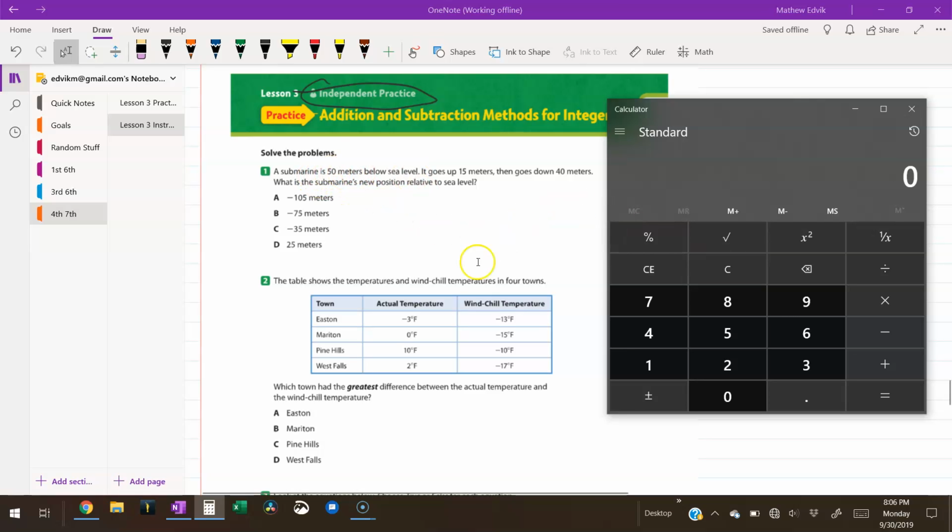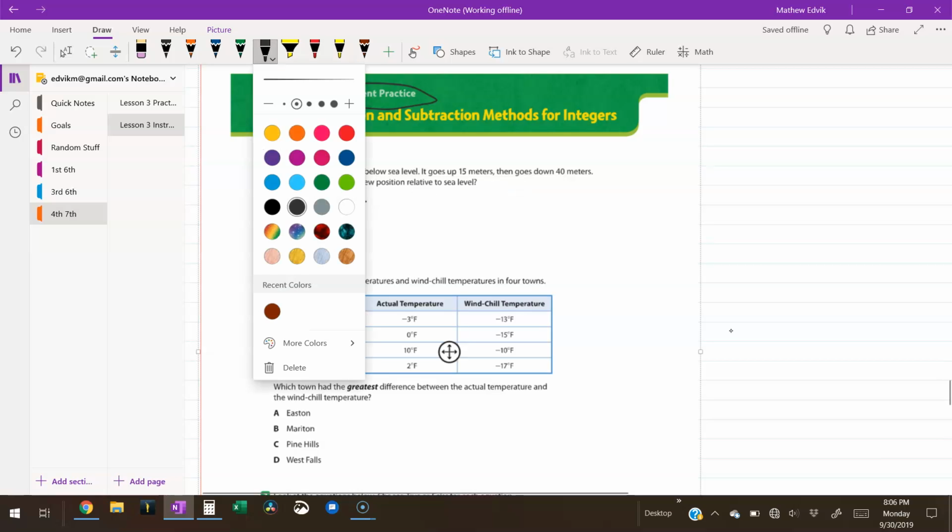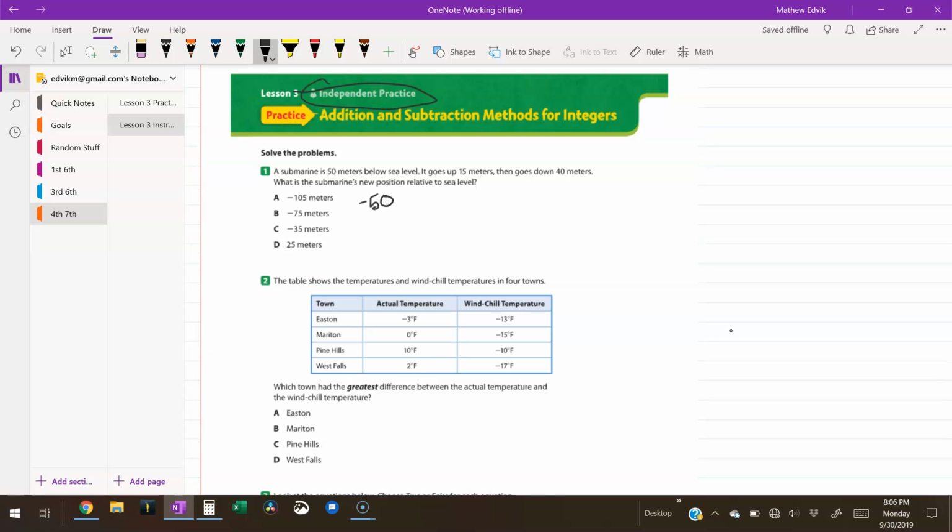So I'm going to say 50 meters below sea level. We start at -50. And then we go up 15, and then down another 40.